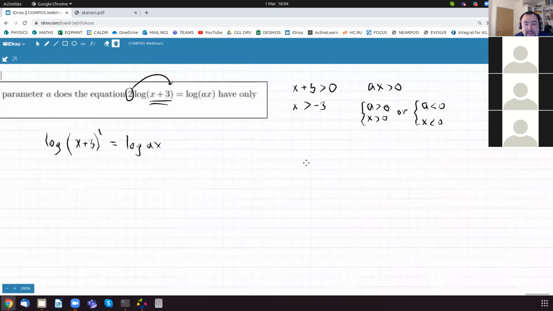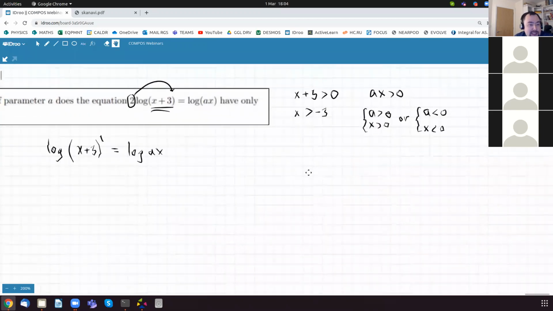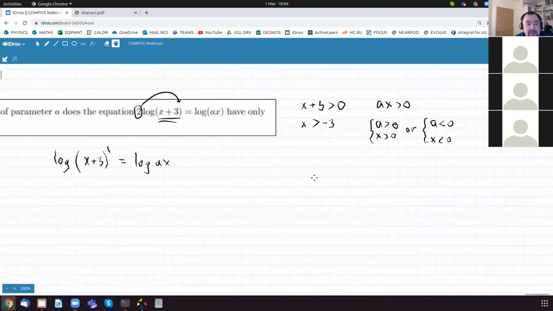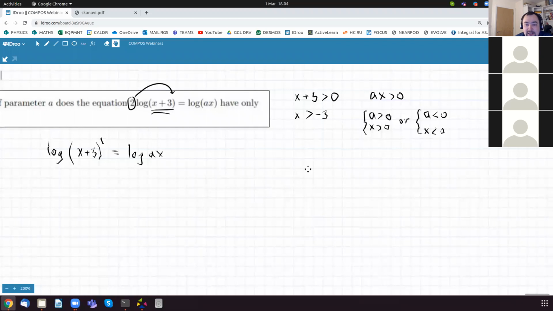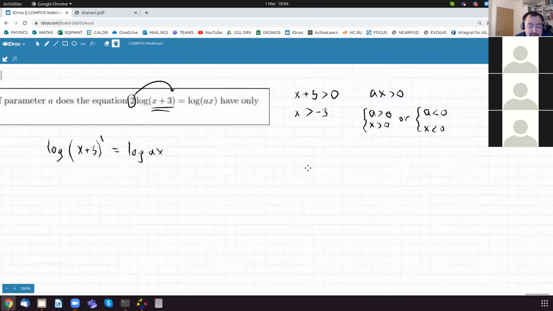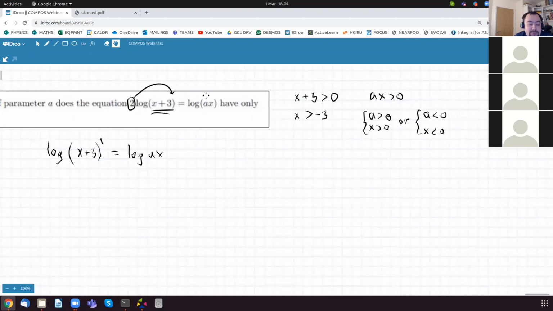So when a is positive, x can only take positive values, and when a is negative, it can only take negative values. So from here, we already see that dealing with negatives is quite tough in here. So let's consider the positives first.